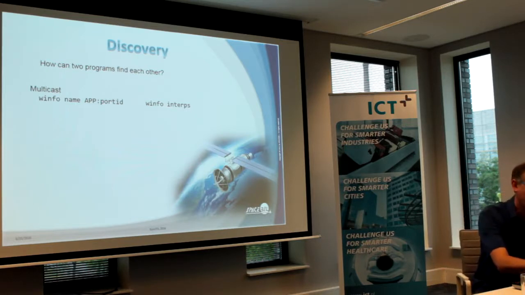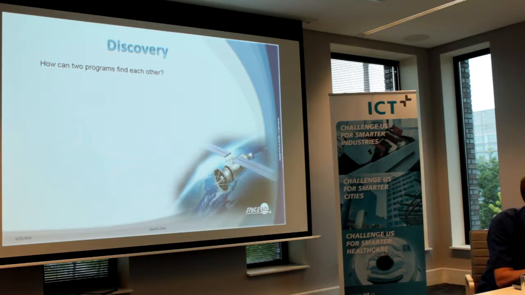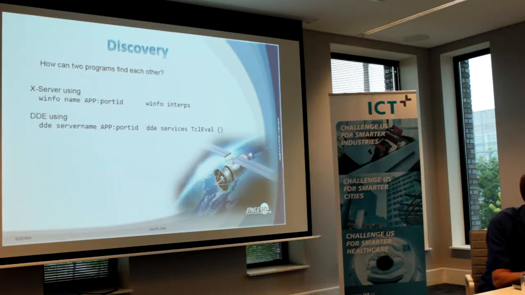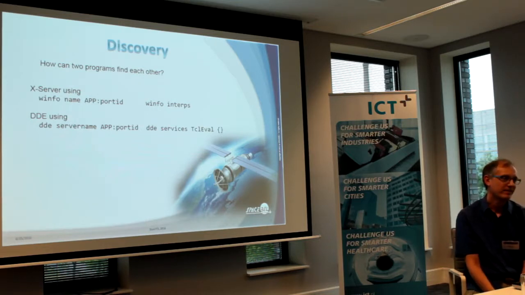And then a little while later, I discovered that on Windows, there's a very similar command called DDE server, which does more or less the same thing, but with a slightly different syntax.